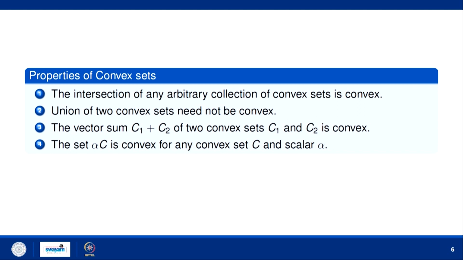The first property is very easy to show. Suppose Ci, where i belongs to I, where I is an index set. Okay.